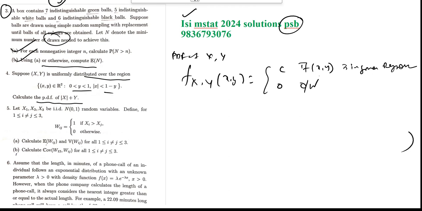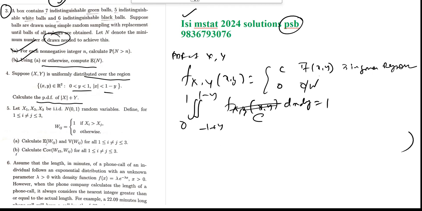To find the value of c, we integrate the joint PDF over the region and set it equal to 1. So the double integral of f(x, y) dx dy equals 1, with y from 0 to 1 and x from -1 + y to 1 - y. And this value will be c.